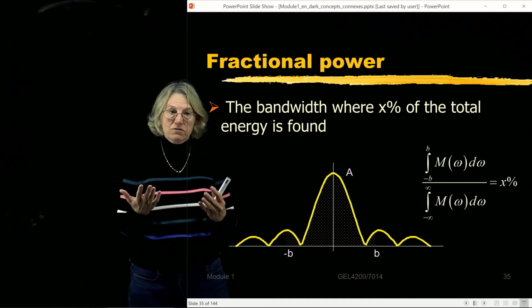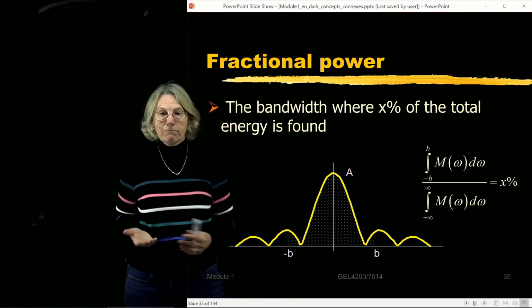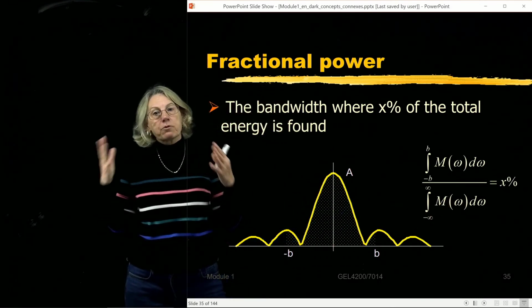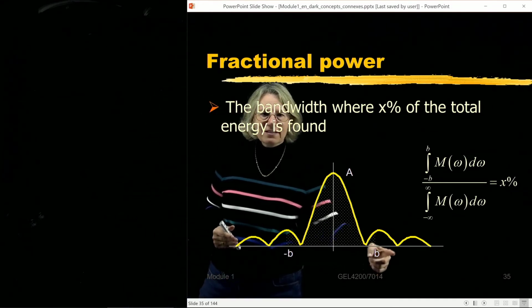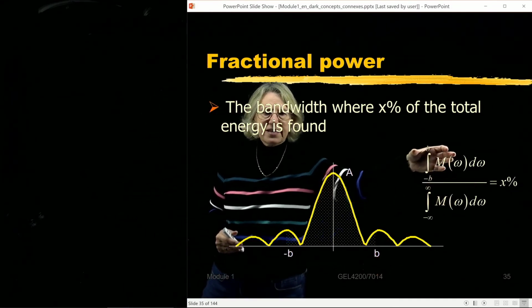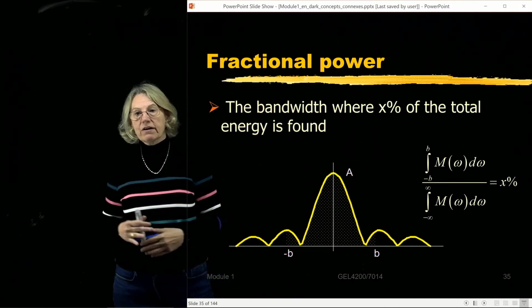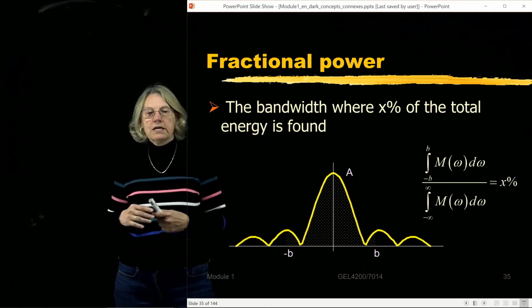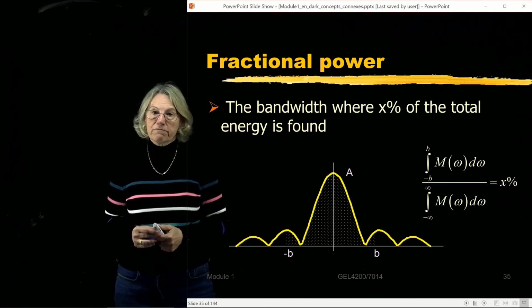And each one of those possible values for the percentage is another definition of bandwidth. Like the 90% bandwidth would be whatever this B is that gives me 0.9 when I take the ratio of the area under the curve for that value divided by the area under the curve of the entire curve. So that would be called fractional power, fractional energy, is another definition of bandwidth.